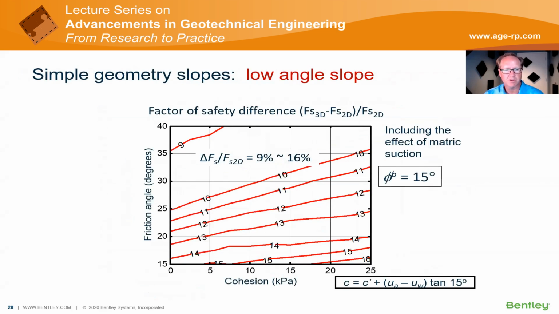If we plot the friction angle versus cohesion for different combinations, for a low angle slope, the difference between 3D and 2D analysis is between 9 and 16%. So fairly reasonable. And this is considering a phi b of about 15 degrees, so it includes the effect of matrix suction in these answers.